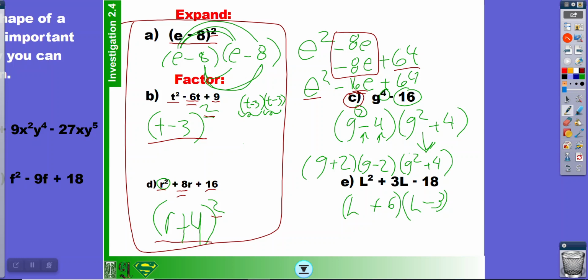For this one, when we multiply t times negative 3 and negative 3 times t, what will we get? What's negative 3 times t? Negative 3t. And so for each of these multiplications, we get negative 3t. When I add those together, I will get negative 6t.